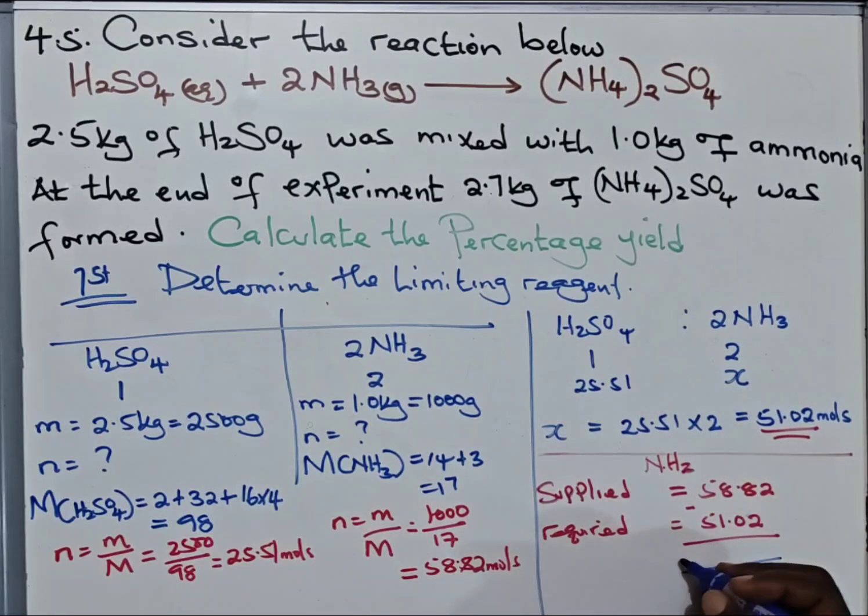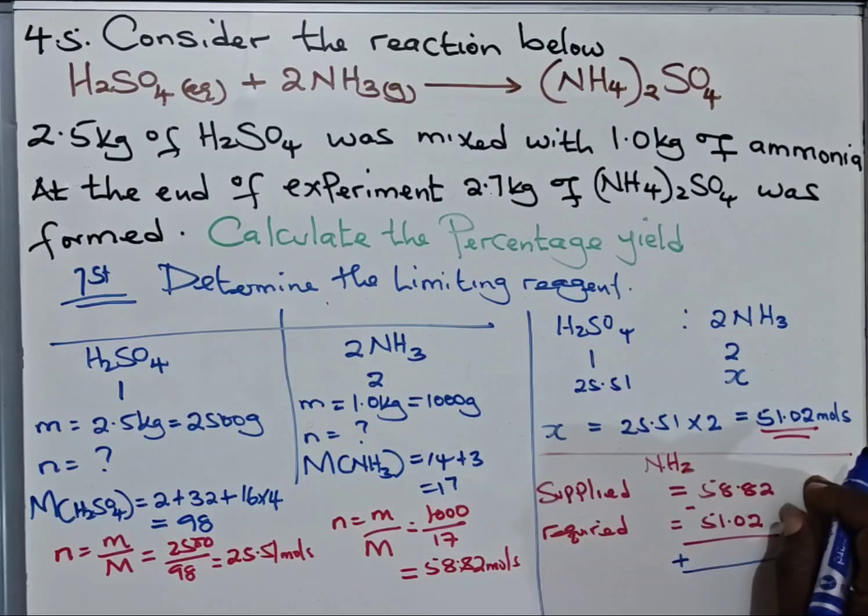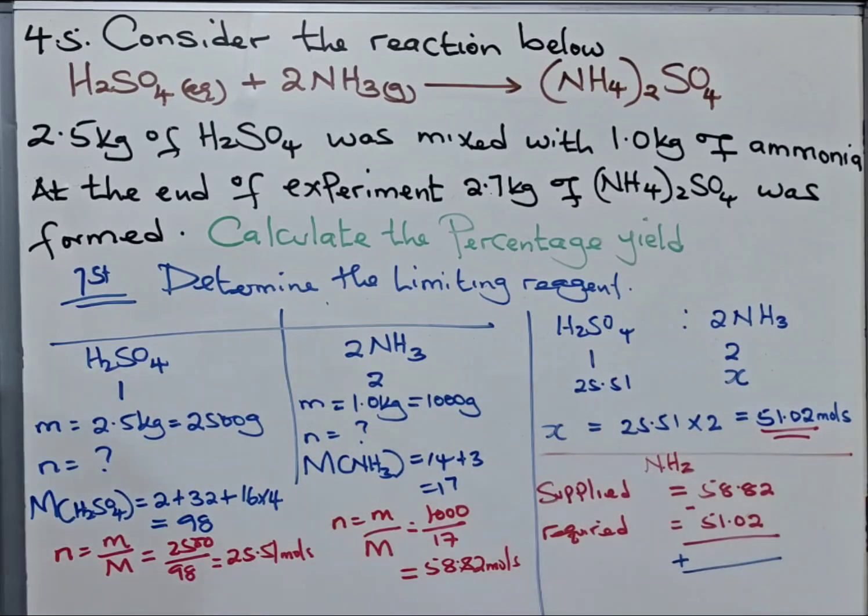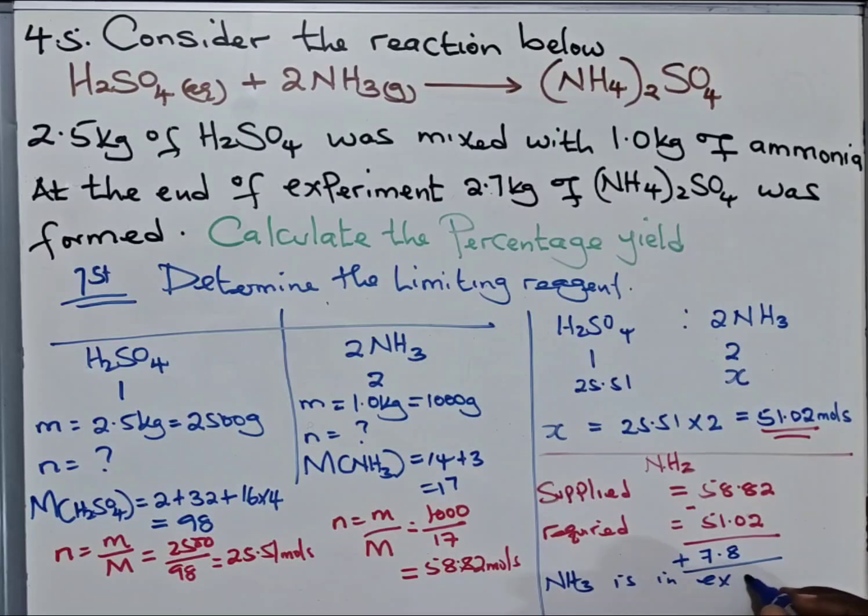If you find this value positive, like the way it is here, it means that ammonia is in excess. And if it is in excess, it means that ammonia is not the limiting reagent. So it means that sulfuric acid is the limiting reagent. So therefore we can confidently say here that ammonia is in excess.